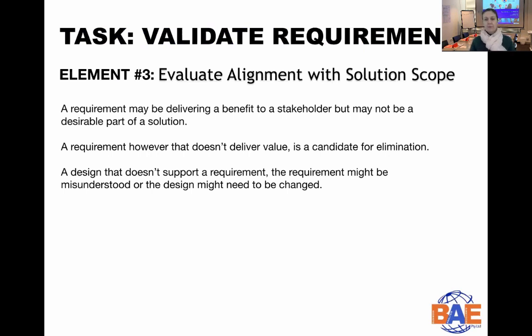So it's important that you have a good look through the requirements and make sure that every requirement has a valid license to be there. For a design that doesn't support a requirement, the requirement might be misunderstood or the design might need to be changed.